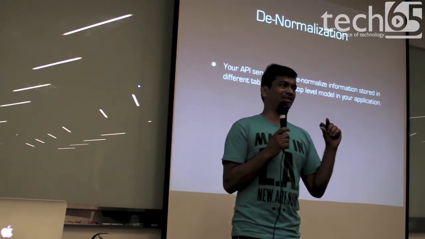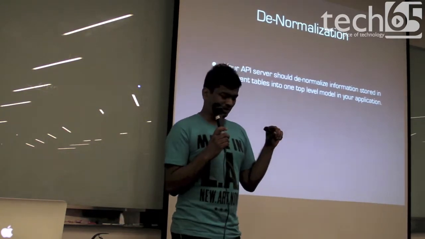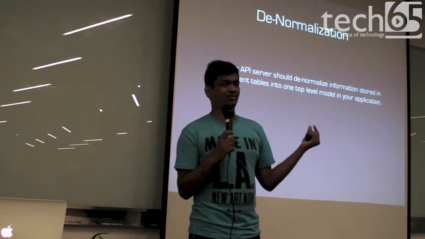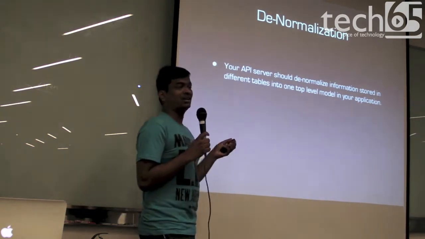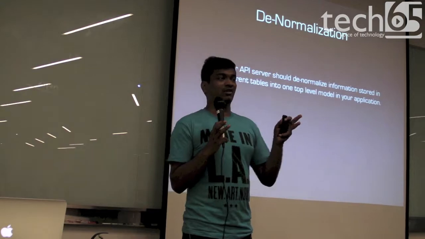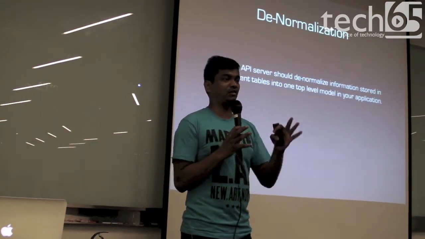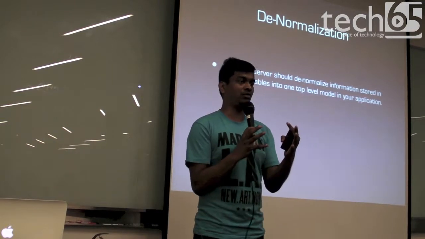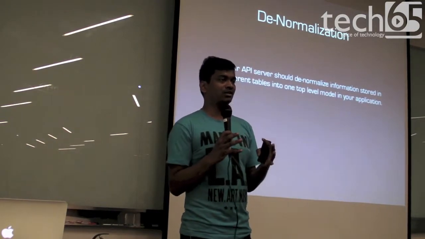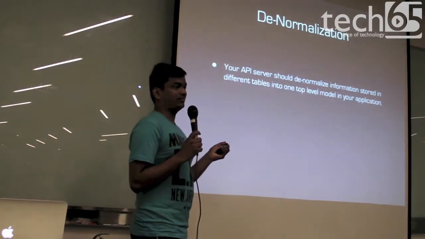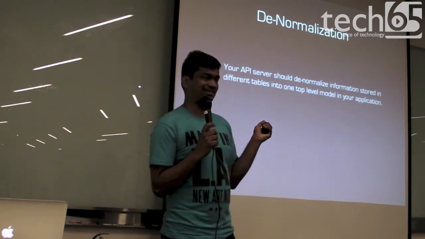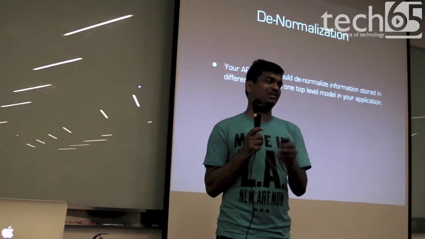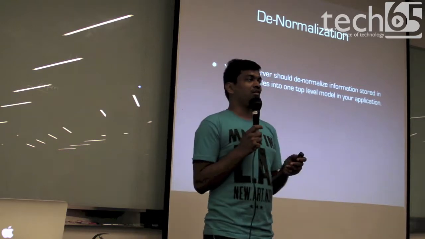You get a list of people who have visited that place often, or some other information like that. They are all stored on different tables on the backend, but the API server takes care of denormalizing them and putting it together in one resource. If you don't do that, it affects scaling and performance of the client app very badly.